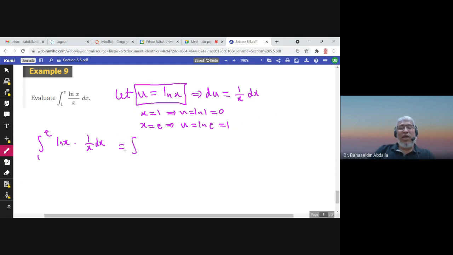To let you see now that ln x is u, and 1 over x dx is du, and I'm changing to u. So if x is 1, u is 0, and if x is e, u is 1. And you find this integral. The integral of u is u squared over 2 from 0 to 1. So if you replace u by 1, you will have half minus 0. So the answer is half.